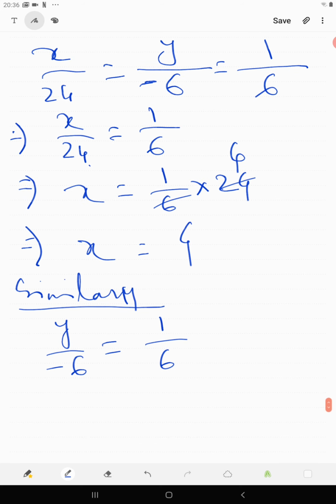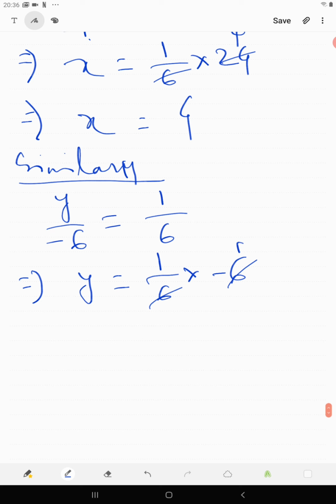Now this minus 6 will go to the right, and y equals 1 by 6 into minus 6. So 6 ones are 6, but minus is there, so y equals minus 1. So what we got is x equals 4 and y equals minus 1.